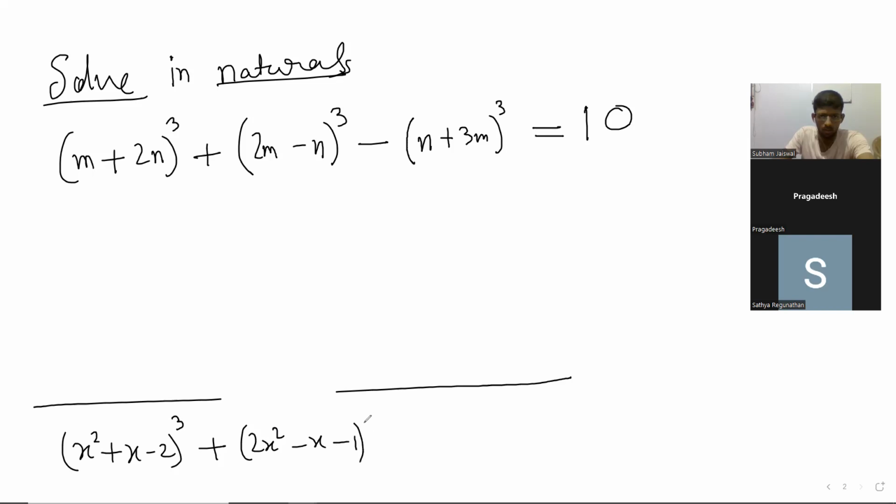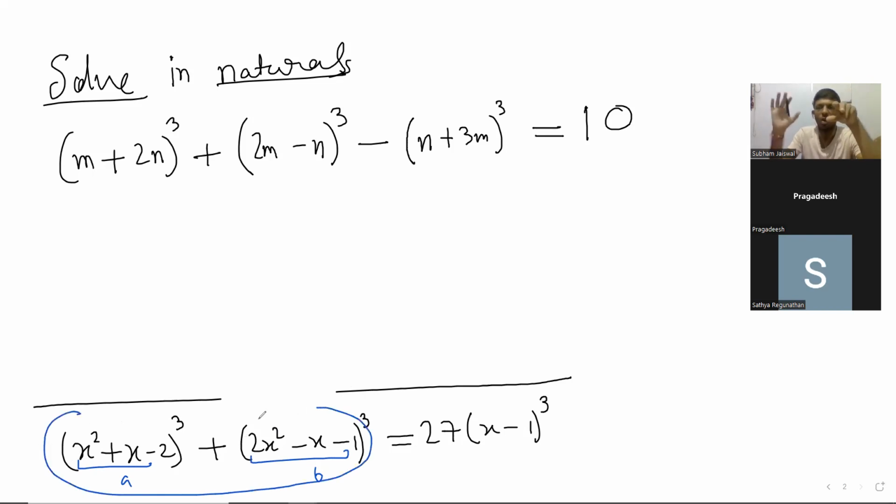Only one variable is there. Okay, and solve in reals. So this is like your A, and this part is like your B, and it's a cube plus b cube. So you have to factorize. When you factorize the left hand side, you will see some things in common with the right hand side. Let's try it. Maybe it's slightly incorrect. It should be x squared. So note it down.